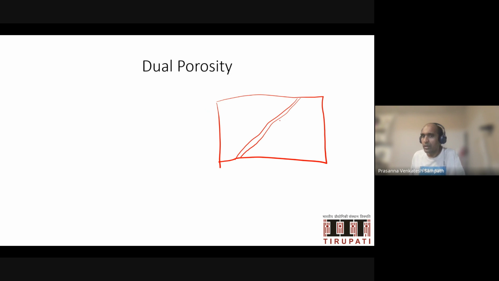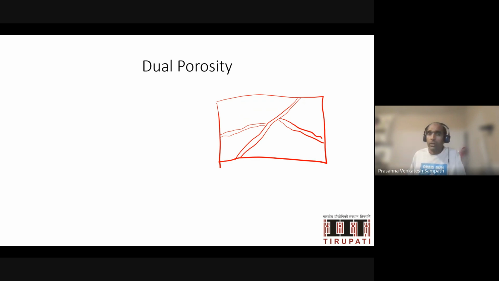So I have different kinds of fractures running in different directions in this rock. I just made some random number of fractures in this particular piece of rock.